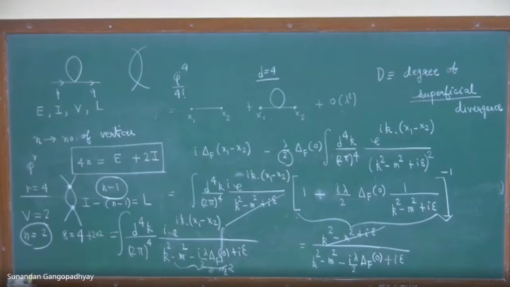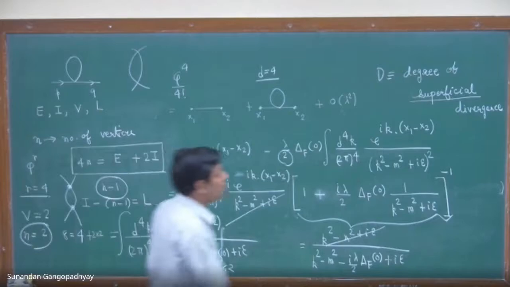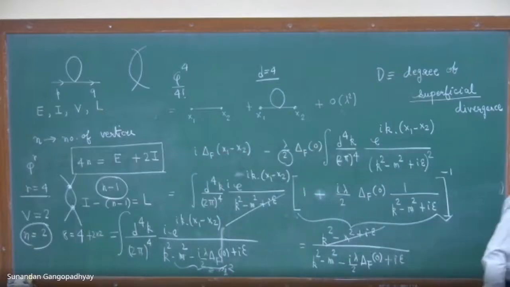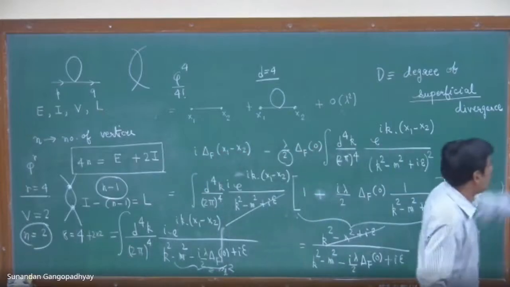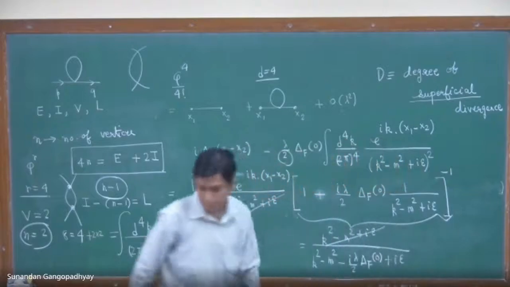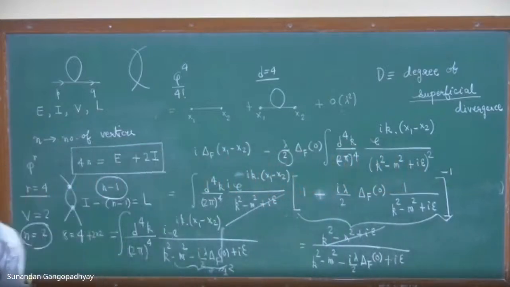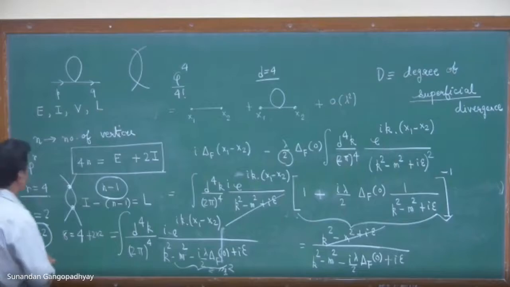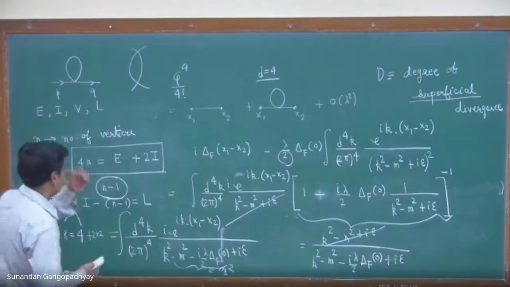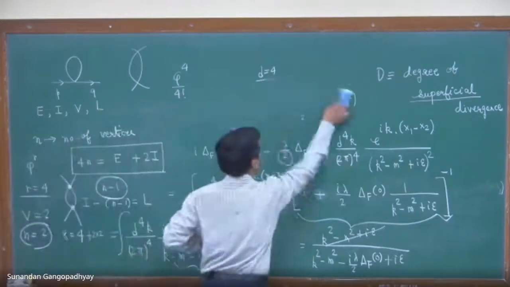So you can substitute this over here and try to get an expression for capital D. If you want me to do it, I can just calculate it for you. Let us do the calculation.